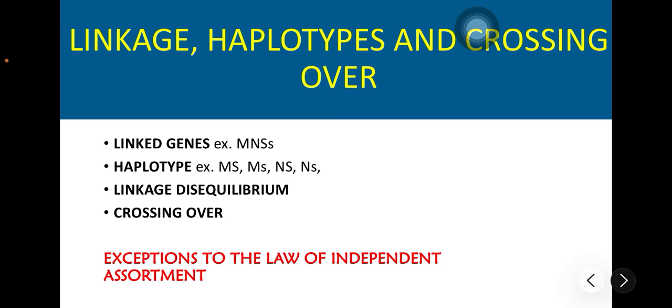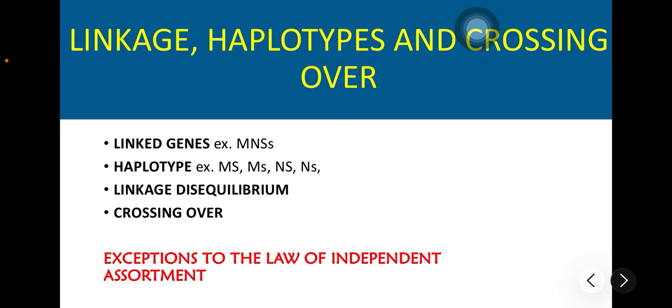So in some blood groups, antigens are encoded by two or more genes close together on the same chromosome and are inherited from each parent as a unit. Genes that are so close together on a chromosome that they are inherited as a unit are linked. So independent assortment does not occur when genes are linked. These are called haplotypes.